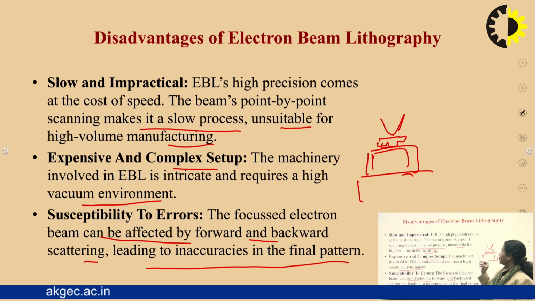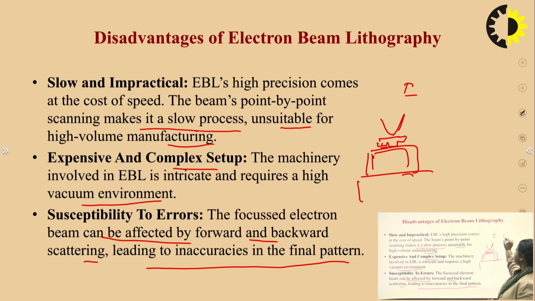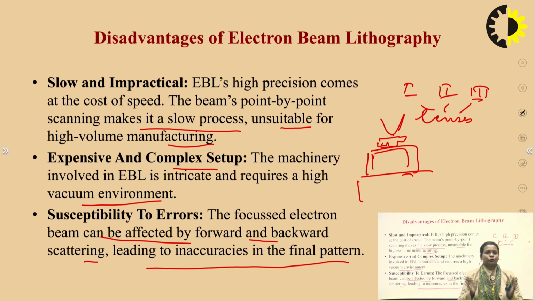In the same way, we use three levels of lenses, right? Lenses are required because it is a long process and a focused electron beam is required. To focus it, we use lenses at various stages. So it is prone to errors. This is the disadvantage of electron beam lithography.